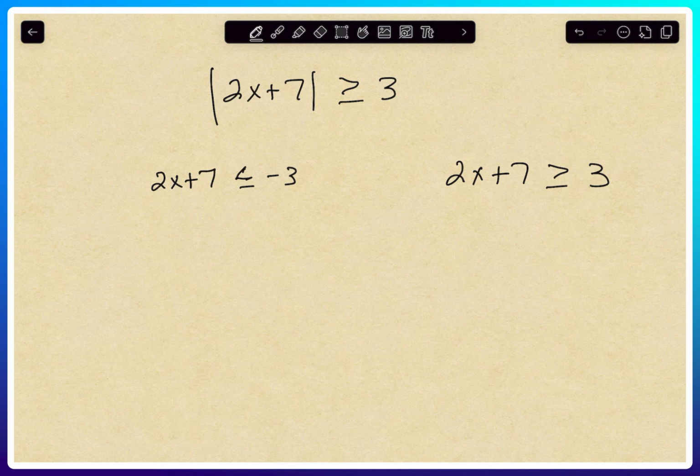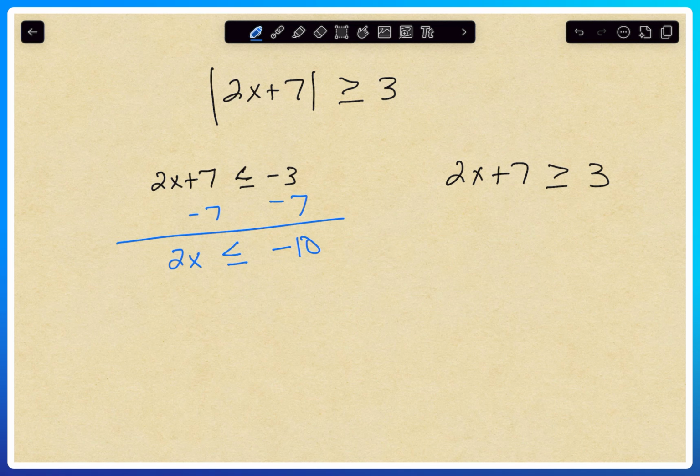Notice it's changed. Now we're going to come here, and I like to solve in blue, you know me. I'm going to subtract 7 and subtract 7. And this is going to be 2x is less than or equal to negative 10.